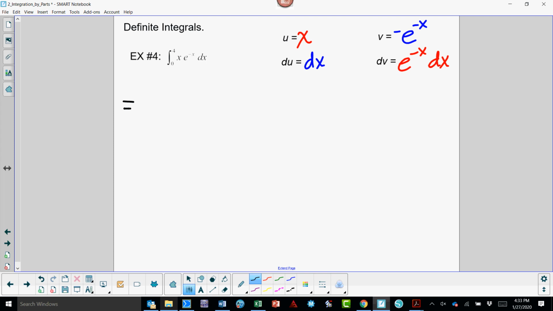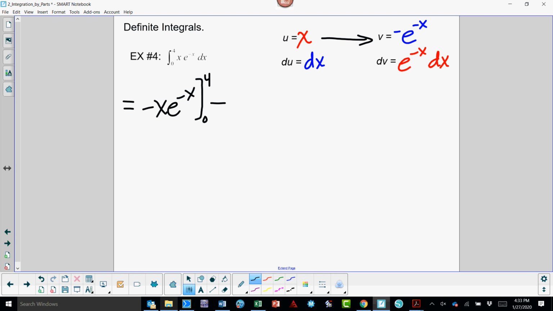So to do a definite integral, I still write uv minus the integral of v du and all that. I just have to watch for the 0 to 4. So uv is going to be minus x e to the minus x. The difference is I need to put here 0 to 4 because I actually need to evaluate that.